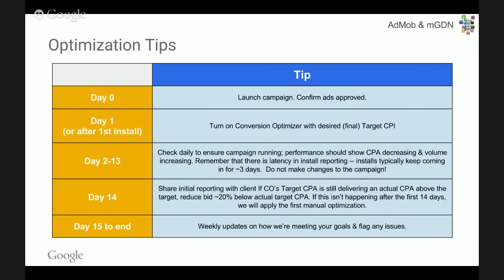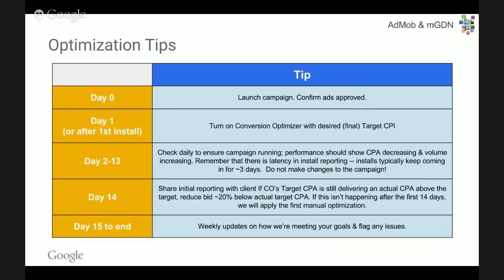And so overall, how should we optimize our campaigns? As I mentioned before, you just create the campaign, wait for ads to be approved, switch on conversion optimizer and desired CPA. Between day 2 and 13, try to check, but don't make changes. This is very important. Remember, we need between 3, 4, 5 weeks for conversion optimizer to stabilize.